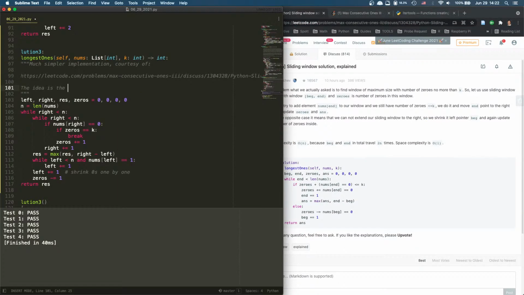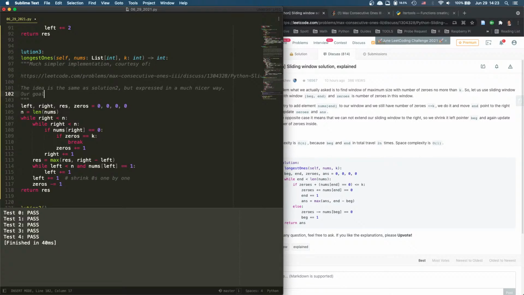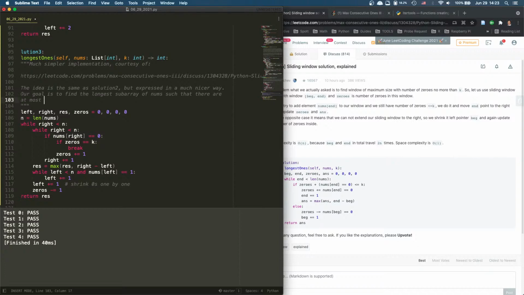The idea is the same as solution 2, but expressed in a much nicer way. Our goal is to find a subarray of nums, the longest subarray of nums such that there are at most k zeros.